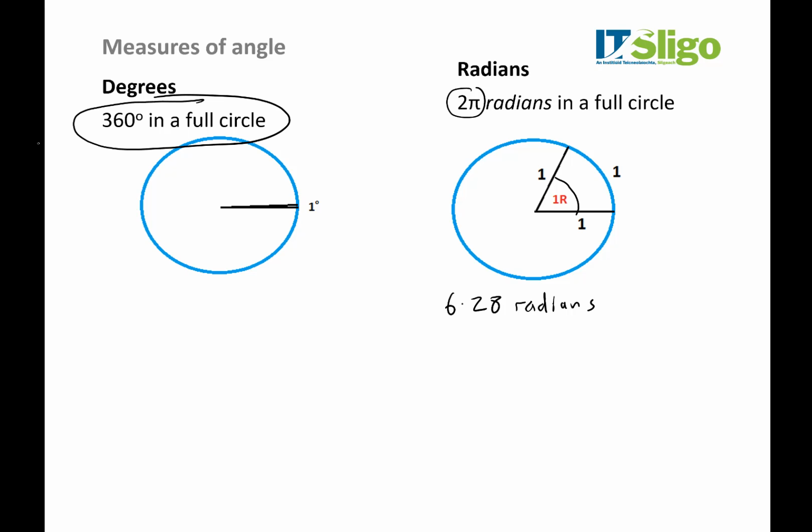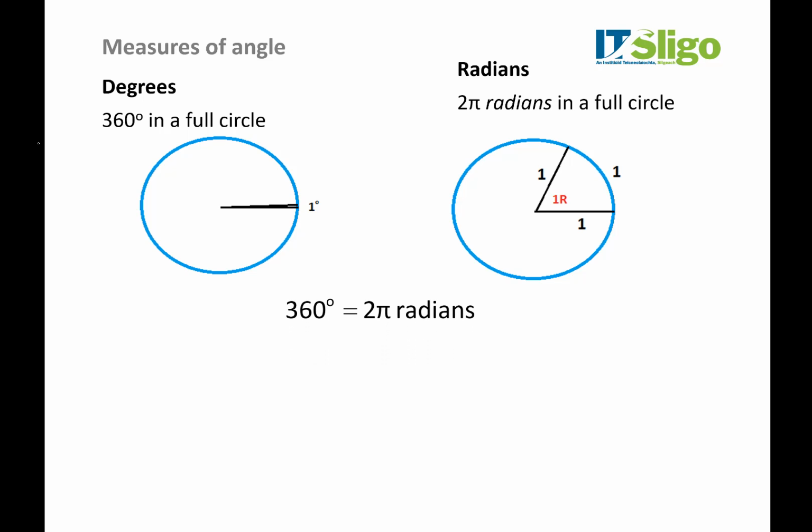Remember, with degrees there was 360 degrees. So this allows us then to work from one to the other. 360 degrees is 2 pi radians. Now, one problem with using radians, the letter to describe radians is capital R. But if we use that capital R, now it starts to look like 2 pi R, which is the circumference of the circle, which is a completely different thing altogether.